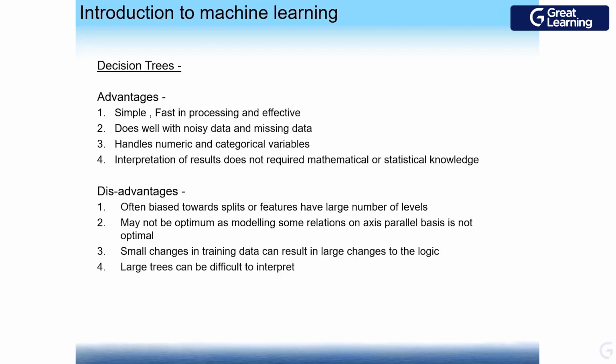Based on age, it gets split into defaulters and non-defaulters. This block which you see here, this is this block. This block that you get here, this is this block. As you can see, this block is perfectly homogeneous. It doesn't need to be split any further, but this block needs to be split.